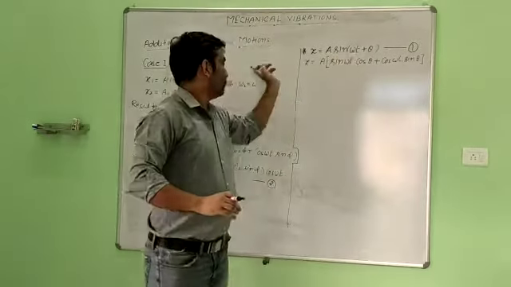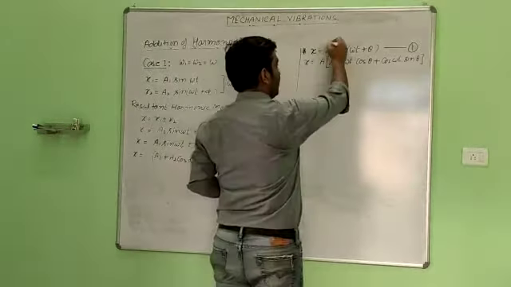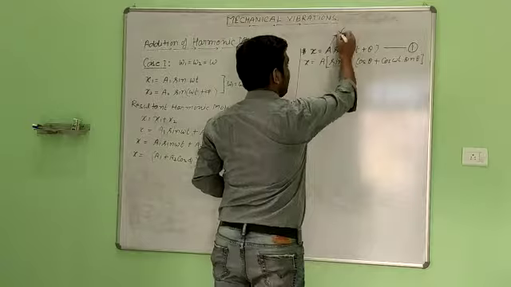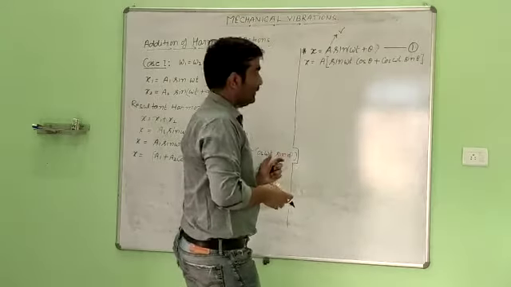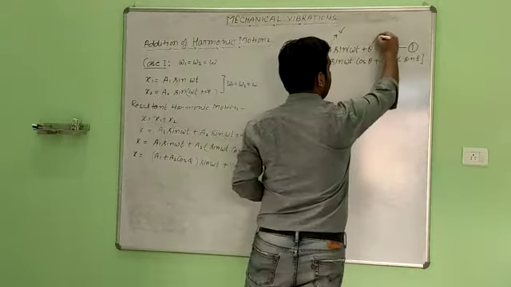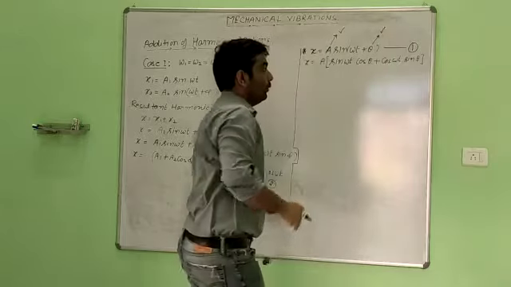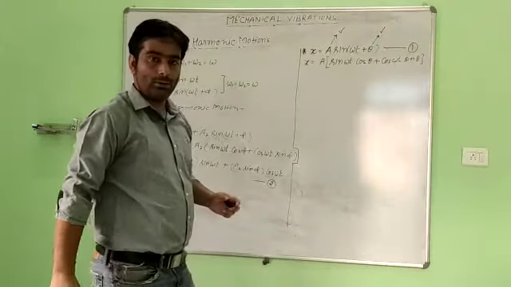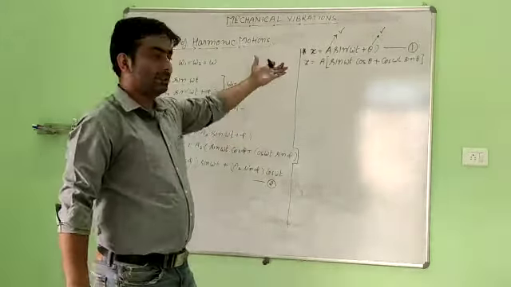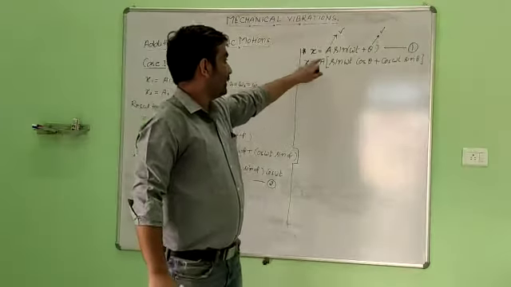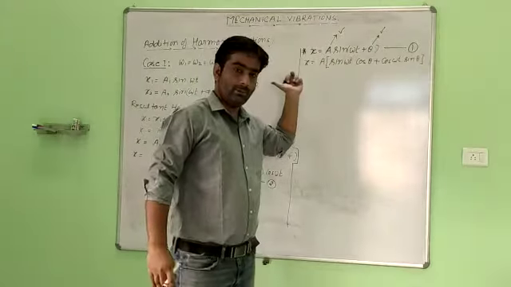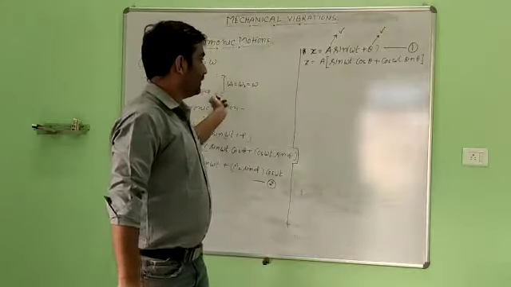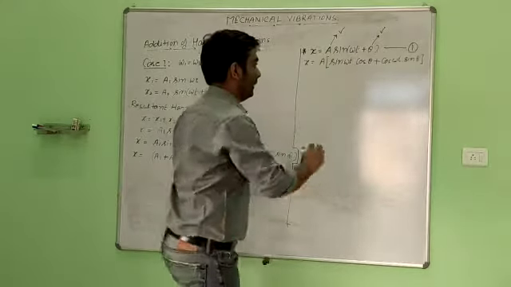Omega is the same. First unknown quantity is A, we have to calculate A. Second unknown quantity is theta. So we are having two unknowns in case of the resultant. Omega will come from the basic equations, and we have to calculate A and theta.